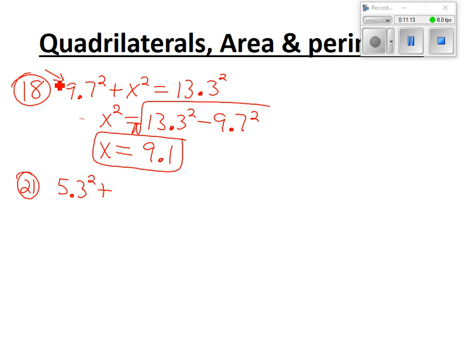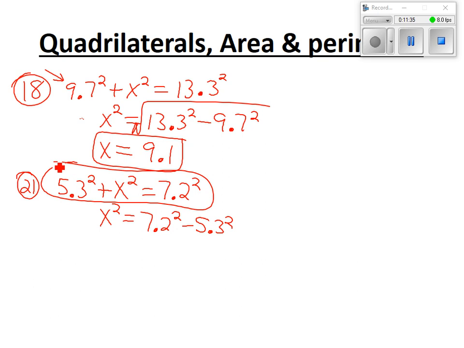Then you're going to know what process to do. Plus x squared equals 7.2 squared. So we get 7.2 squared minus 5.3 squared. If nothing else, when we take a test over this stuff, you write that out, you know you're going to get partial credit, even if you mess up.